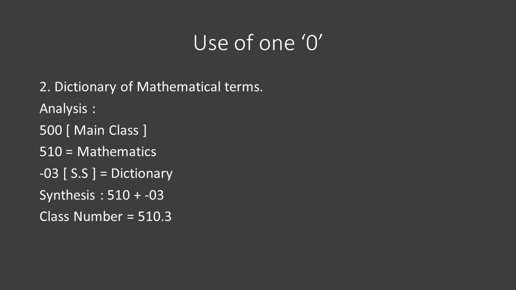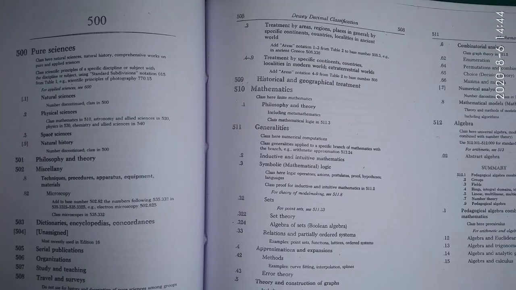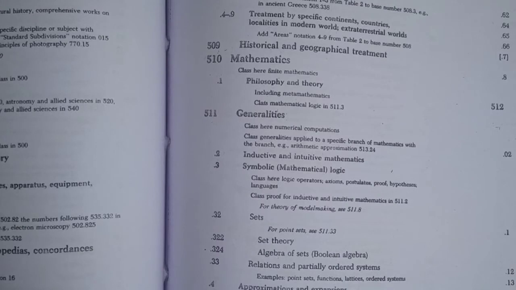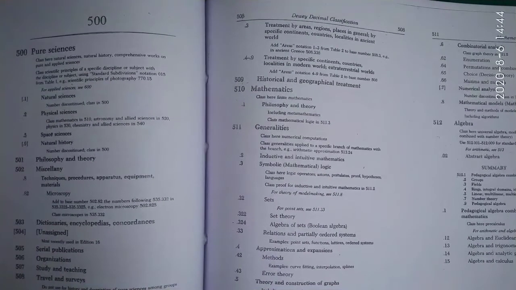This notation is for mathematics, and here you can see 510 mathematics. There is no instruction under 510 to use the standard subdivision. But we know that without instruction we can use the standard subdivision if we need it.